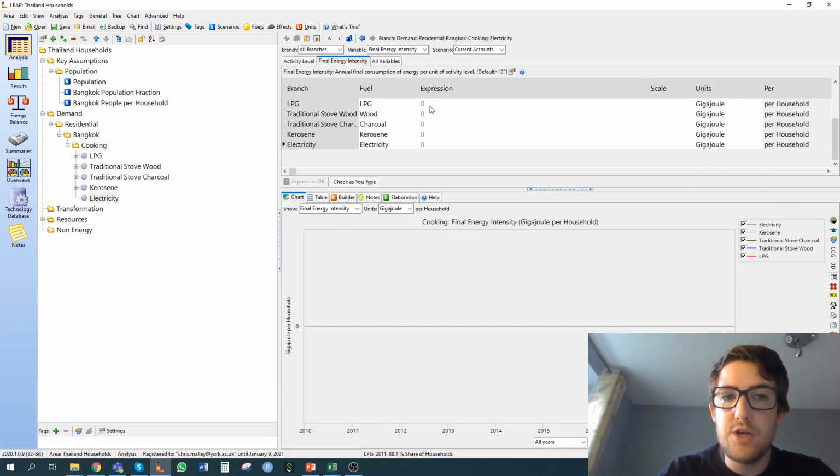I have lots of different units that I can specify this in, but what I need to know is for one household in Bangkok that uses LPG for cooking, on average, how much LPG do they use per year? That's the key variable that we then need to combine with our activity data so that we can calculate the total amount of fuel that is consumed.